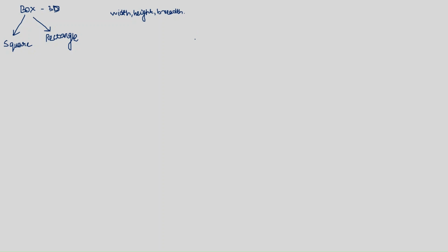Now in order to create a box object, what we need to do is really simple. We'll say Box myBox is equals a new Box, and I'll initialize the parameters. Let's say width is 10, height is 20, and breadth is 30. So it's a rectangular box clearly. So after creating this one box, what happens when we compile this?